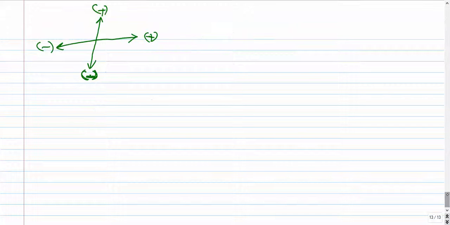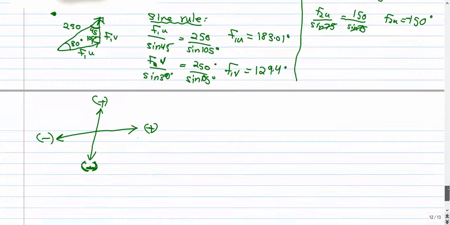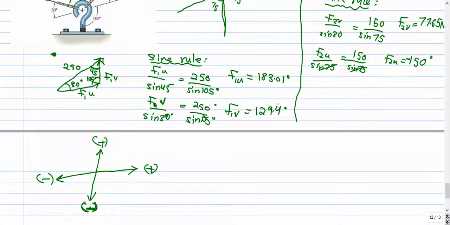Now moving on to find the magnitude of the resultant force. We can find it by summing the components along the u-axis and the components along the v-axis. Let's sum the components along the u-axis for both forces.